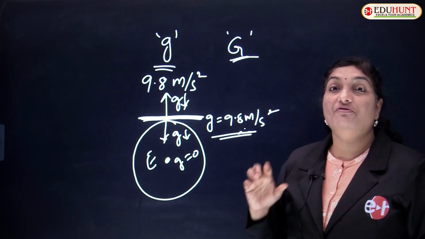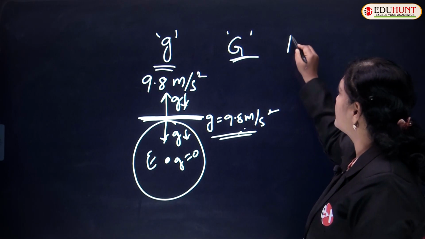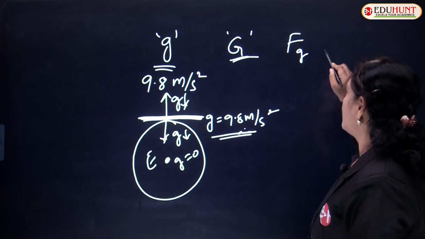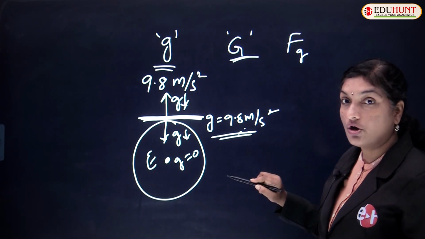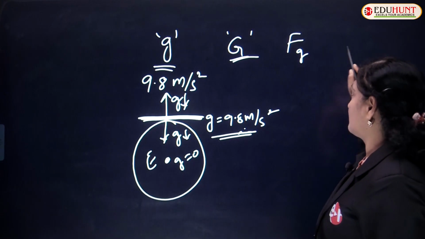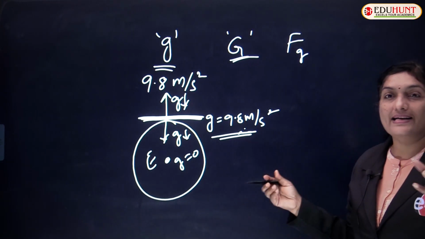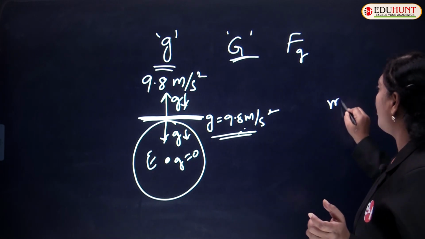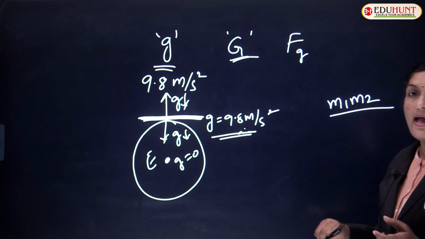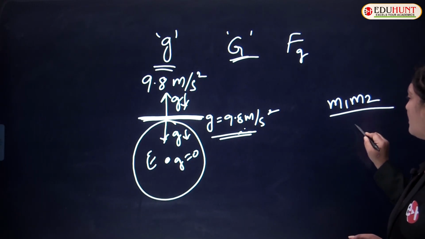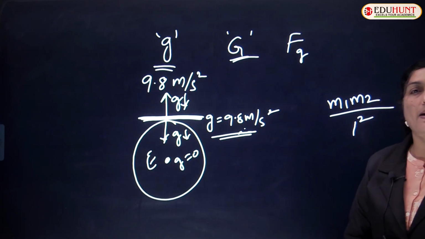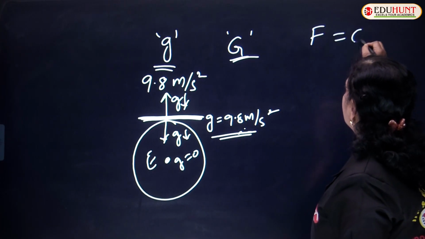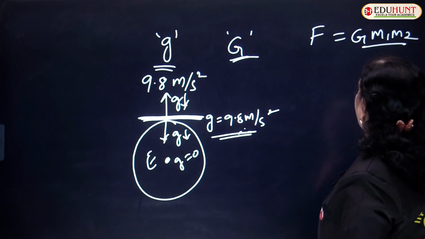It is related to the force of gravity acting between two bodies, which depends on the product of the masses as well as the square of the distance separating them. To explain clearly, force is equal to G M1 M2 by R square.